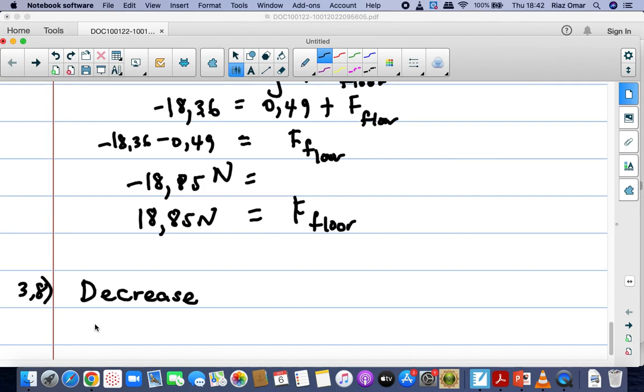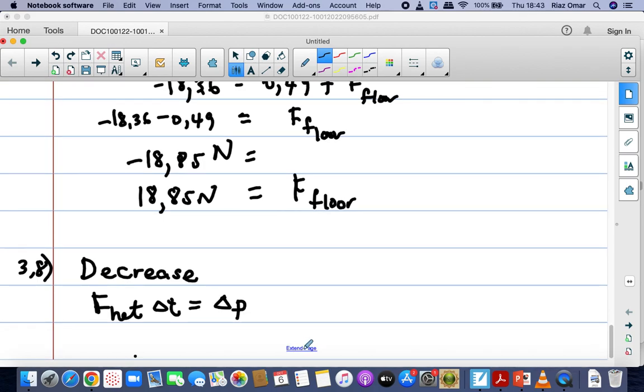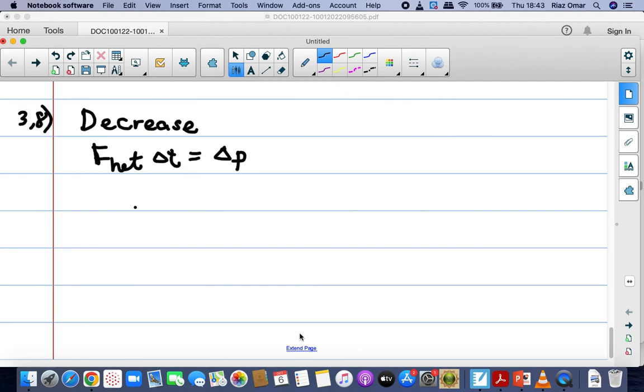The equation that we are using in all these cases was F net delta T is equal to delta P. Therefore our net force is inversely proportional to time.